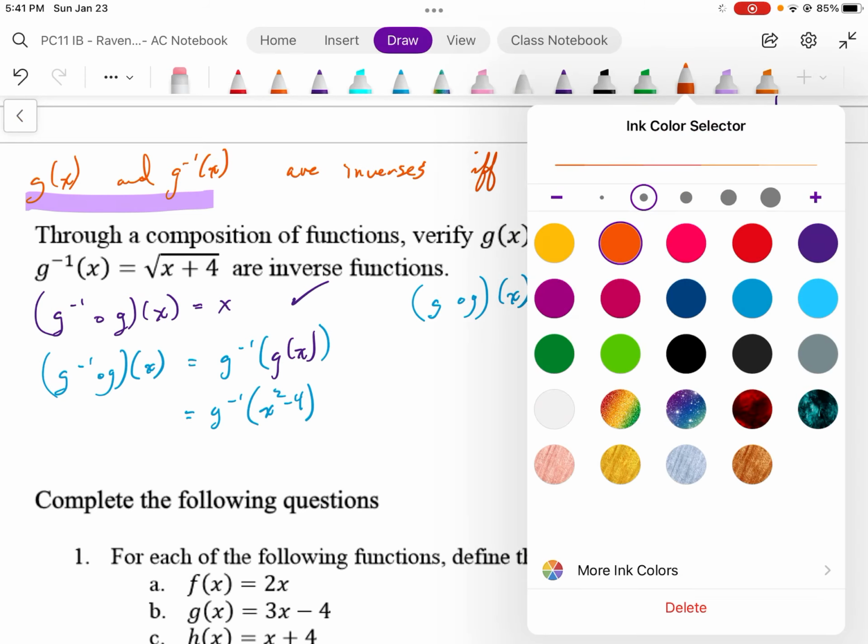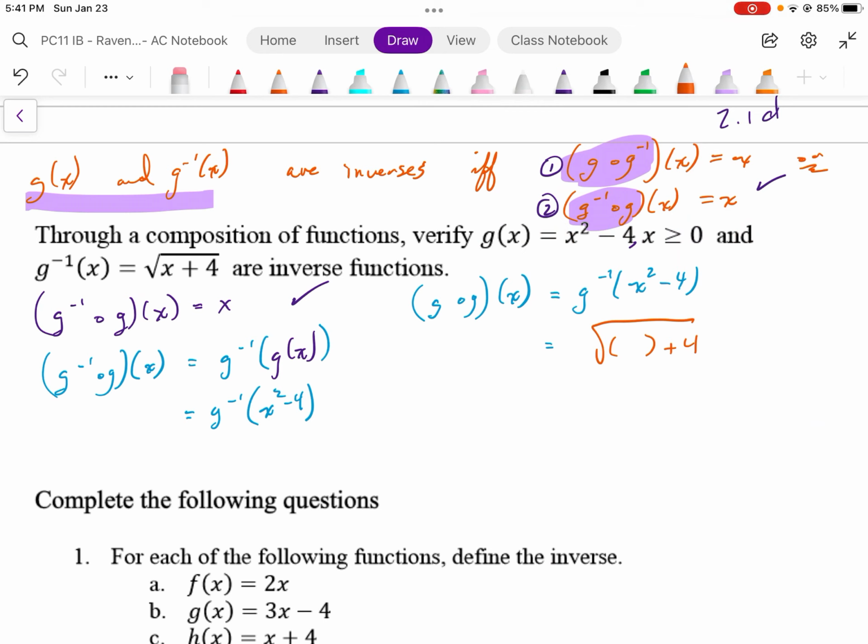But my input here is x squared minus 4. So this is equal to the square root of x squared minus 4 plus 4, and this is equal to the square root of x squared, better known as x.